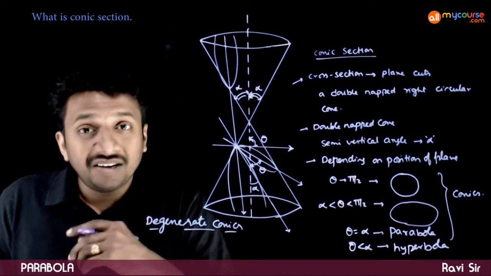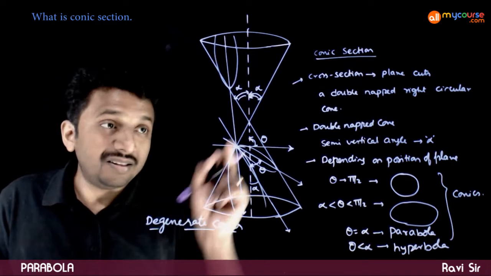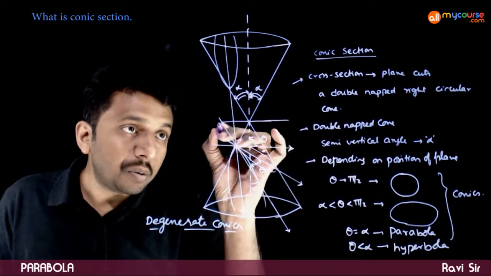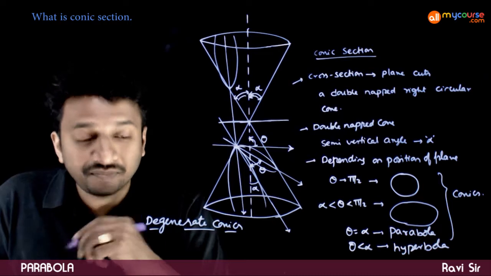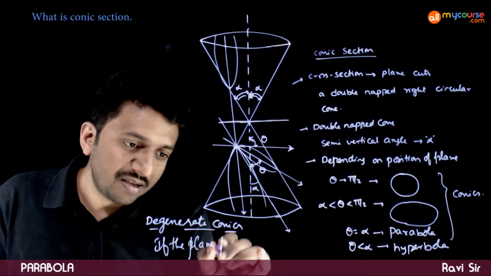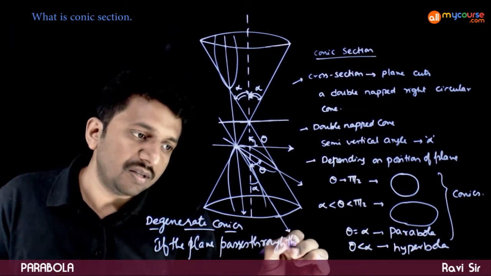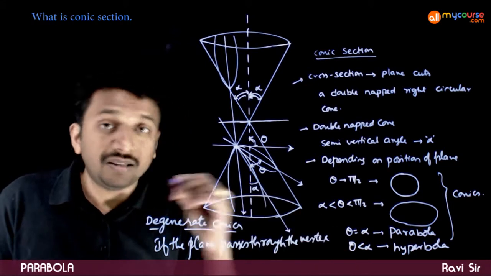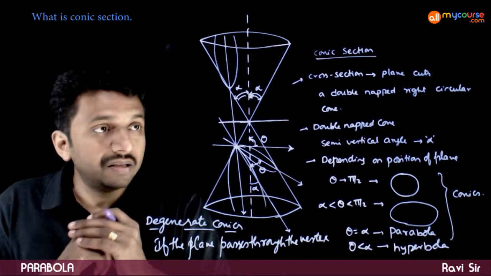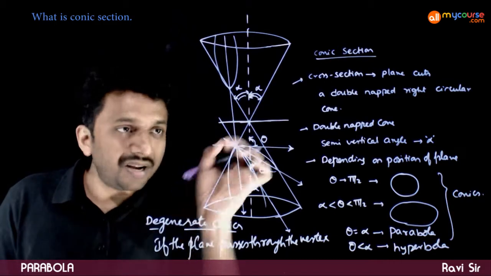There is another case called degenerate conics. Degenerate conics are the conics which you get when the plane passes through the vertex of the cone. If the plane is cutting perpendicularly to the axis, you get a point.